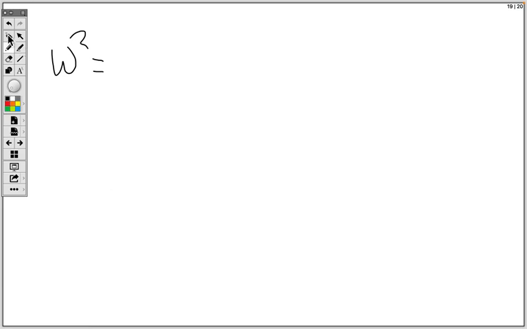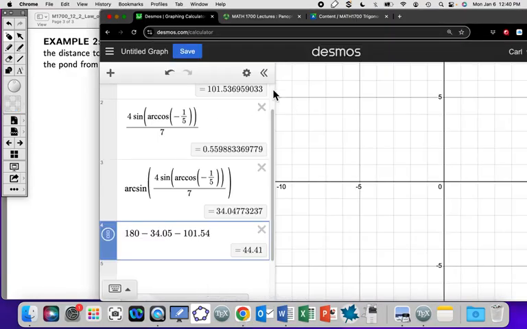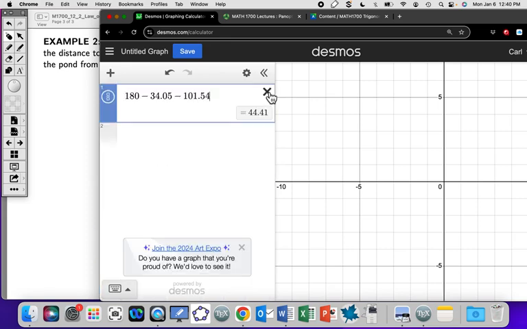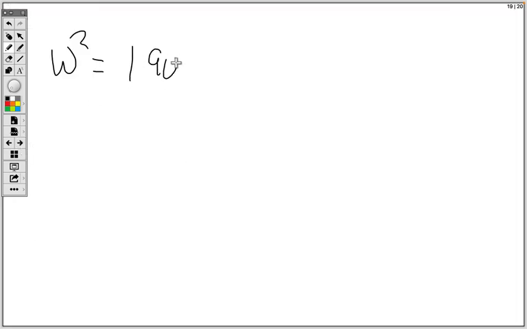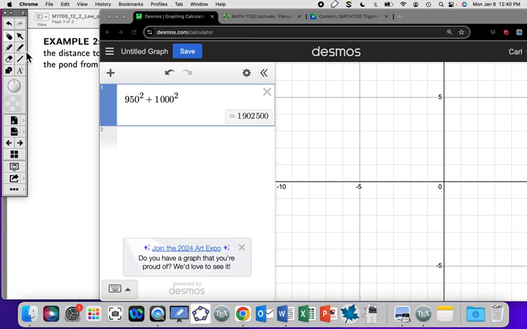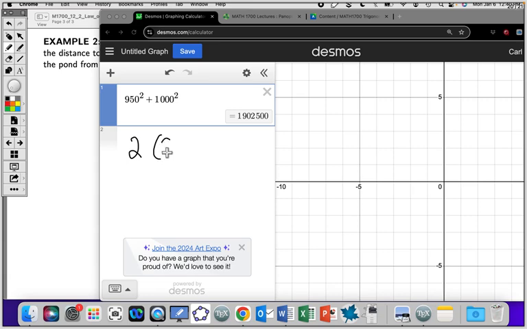So 950 squared plus 1,000 squared, 1,902,500, minus, you've got 2 times 950 times 1,000 times the cosine of 60 degrees.